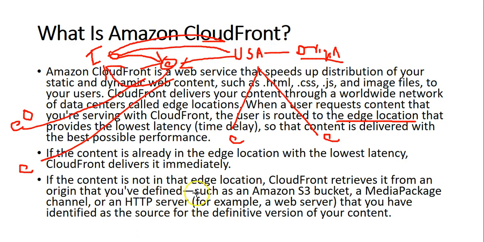If the content is not in that edge location, Cloudfront retrieves it from an origin that you have defined. So we would be defining the origin of each and every edge location so that it can go to that origin, right, and fetch that content.